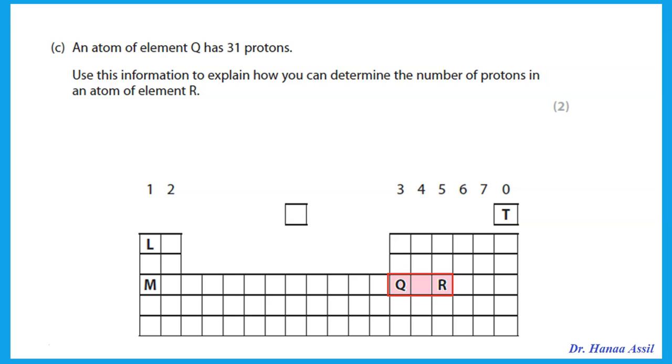So as we go from left to right, the atomic number is increasing. If Q has 31 protons, then the one next to it would be 32, and R would be 33, because the atomic number of R is 2 more than Q.